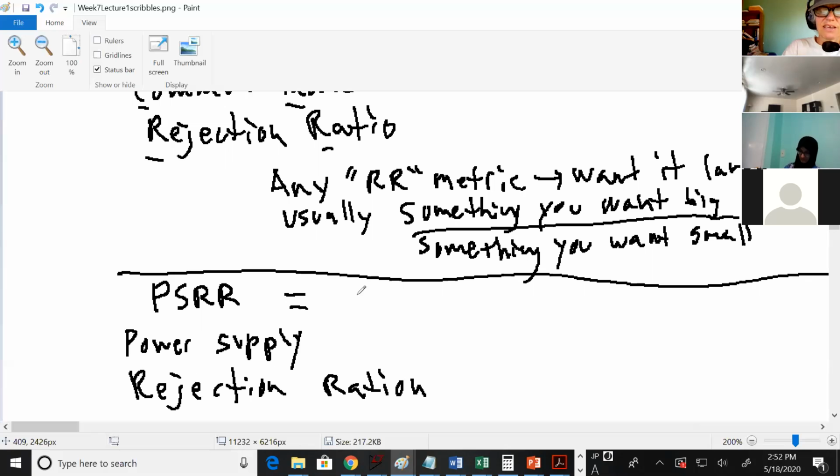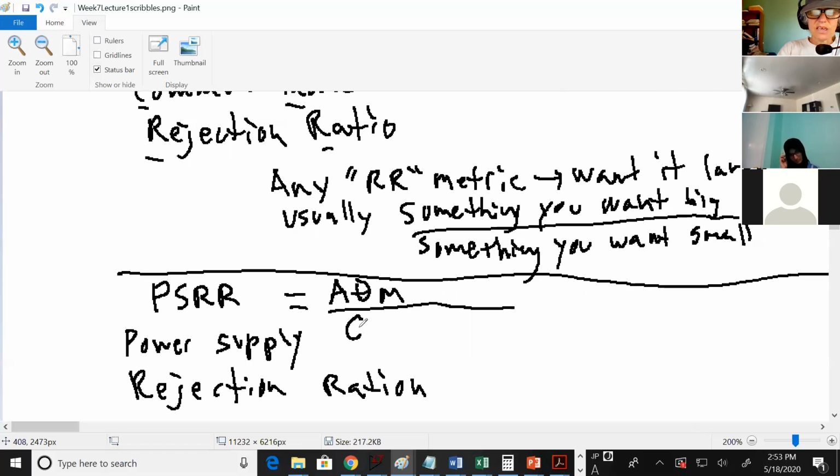It's the gain you want, which is ADM, over a gain you don't want. And this particular gain is a weird one because it doesn't have to do with the inputs to your circuit. It has to do with how much of the noise on, say, ground gets to the output, or how much noise on the supply gets to the output.